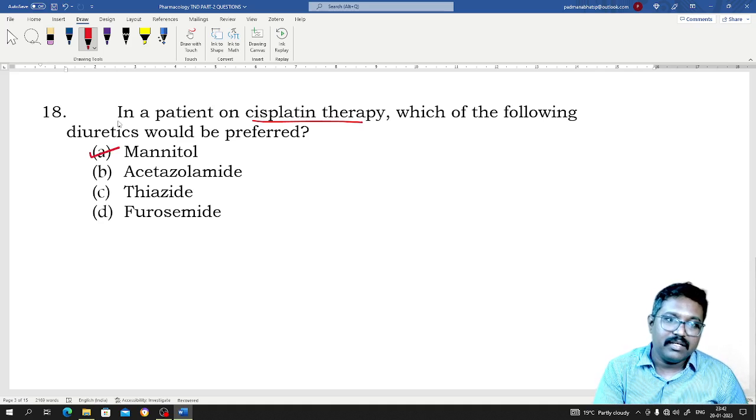So mannitol will be the drug of choice. So where is it contraindicated, mannitol? So please remember, mannitol will be contraindicated in case of the cerebral hemorrhages.